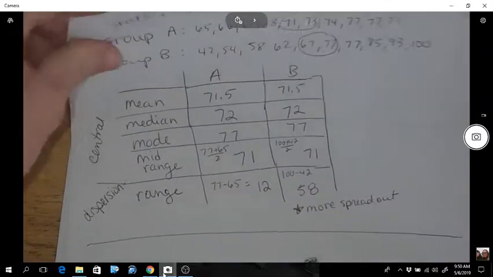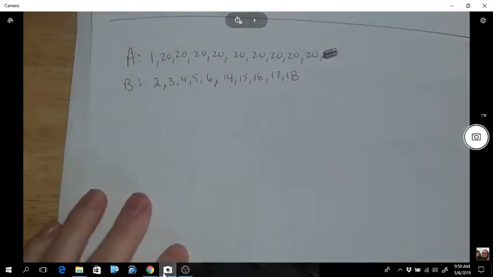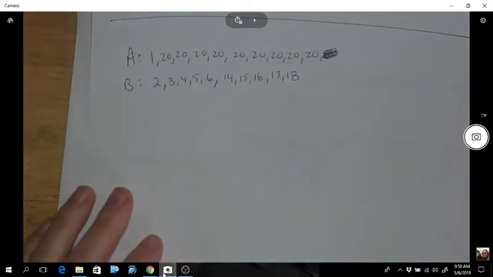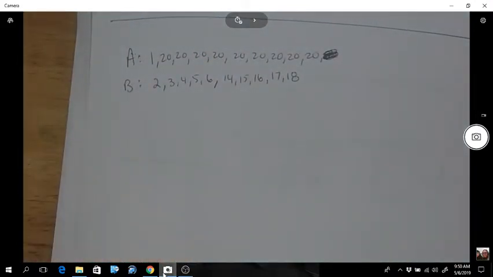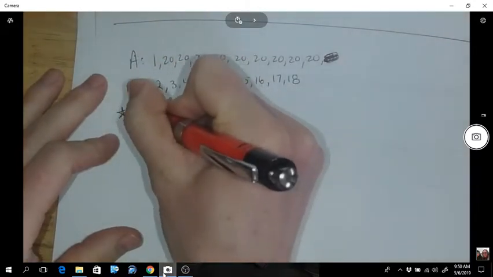Now let's look at these two groups, group A and group B, the numbers. They're kind of comparable, but you can see that they're different. The measures of central tendency are limited. They don't give us a complete picture.